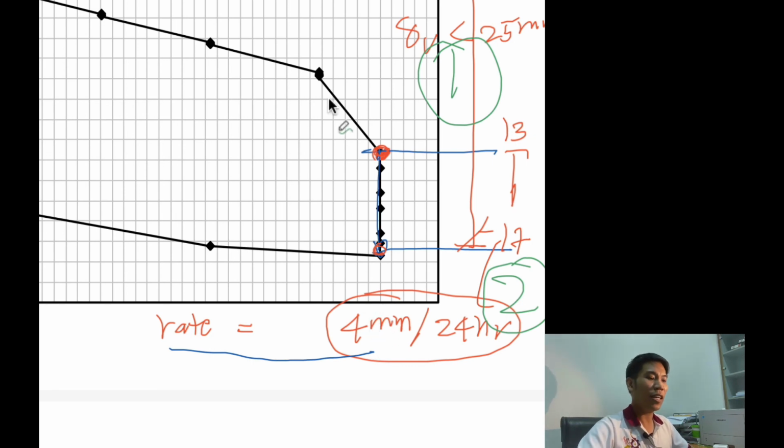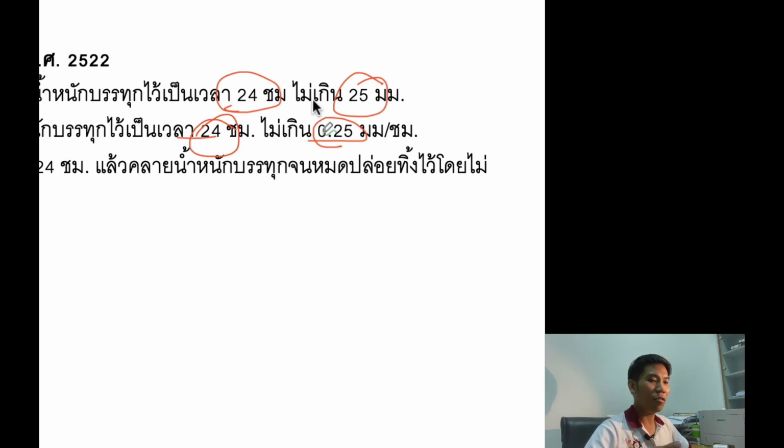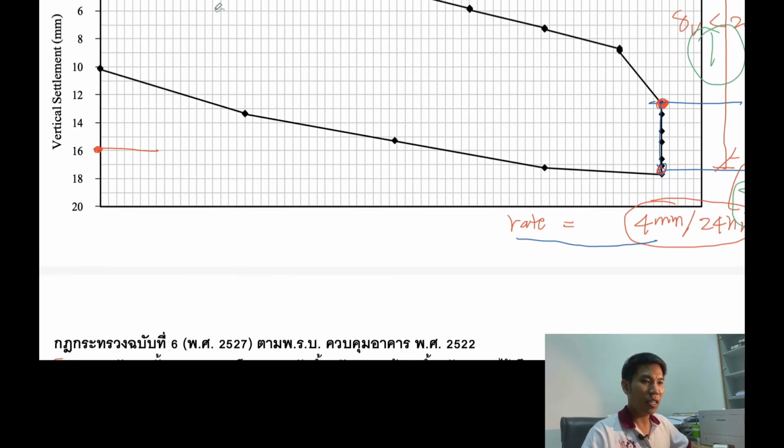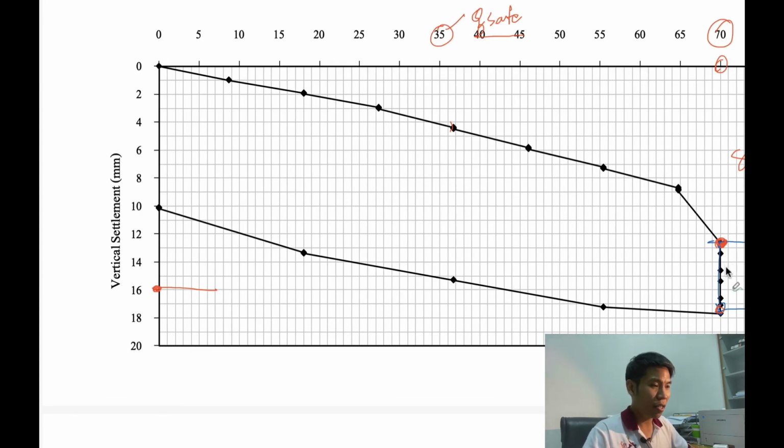And the last one is that after you unload so that no load is acting on the pile and you wait about 24 hours, the permanent deformation should not be more than 6 millimeter. So how can you check? You increase the load up to the Q max, unload to this point, and wait around here about 24 hours.